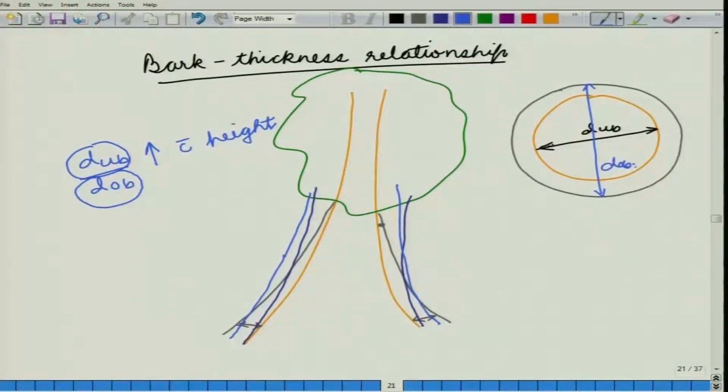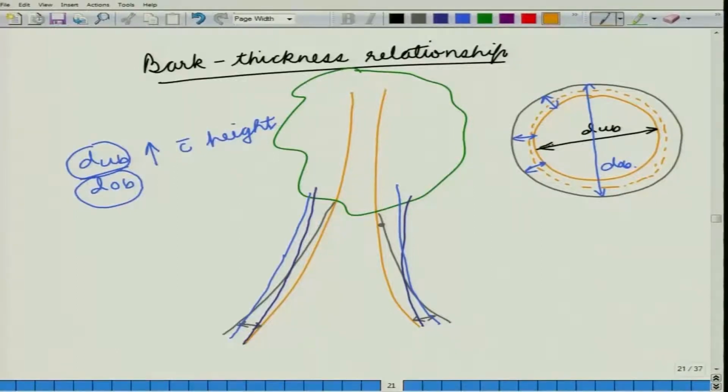Now, if diameter under bark is increasing as compared to diameter over bark, it means that the thickness of the bark would reduce. So, that is your DUB, it is moving more towards the outside, and so the proportion of bark is reducing. This happens in most of the species, especially coniferous species.